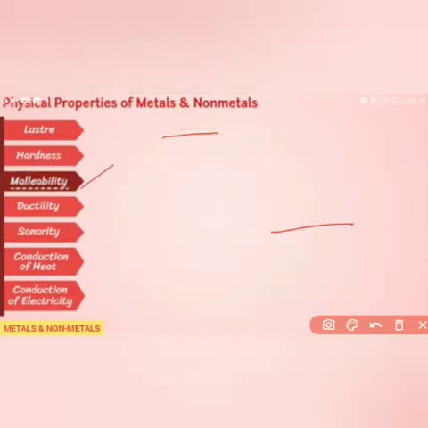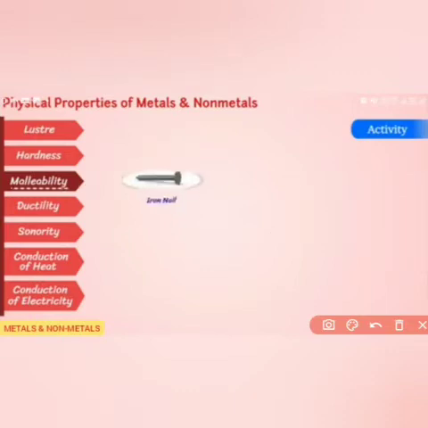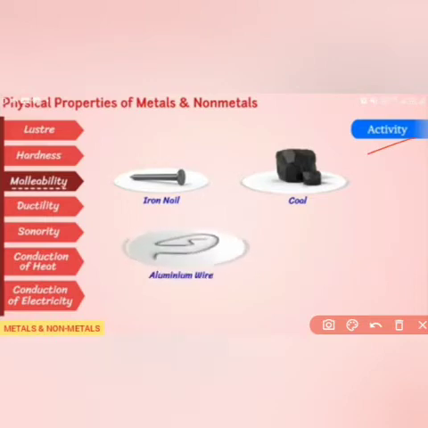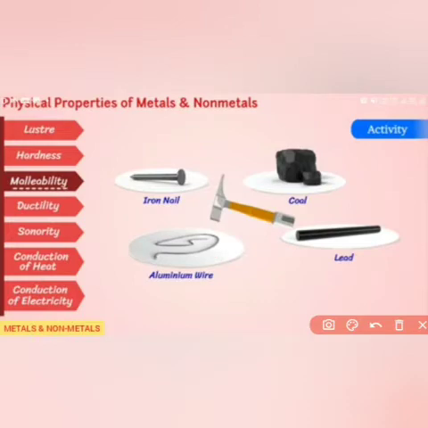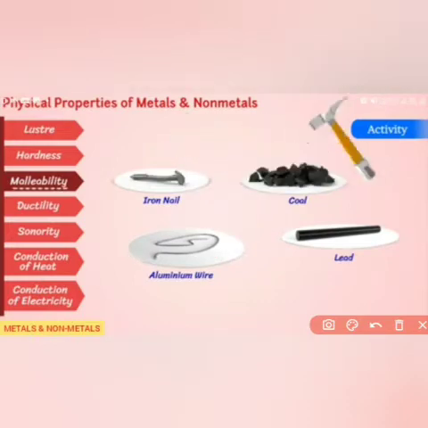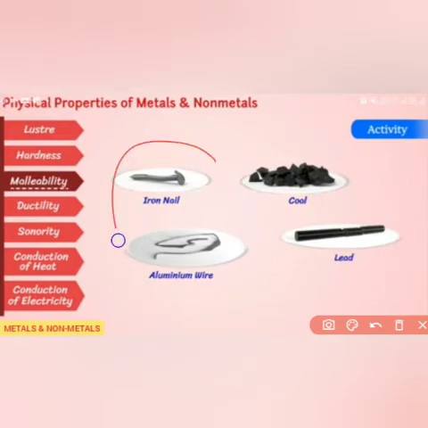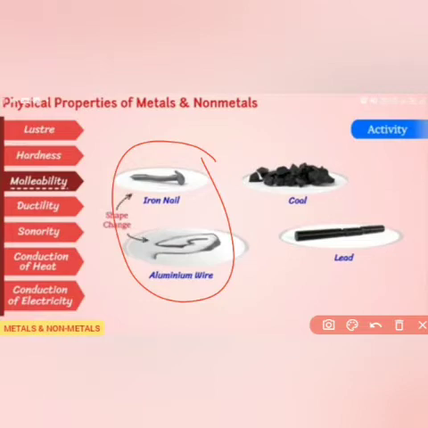Next one is malleability. With the help of an activity we will understand it. We have here four things: iron nail, aluminium wire, coal and lead pencil. If we beat a hammer on all these four objects, we will find that these two objects have just changed their shapes, while on the other hand the coal and lead pencil have broken into many pieces.